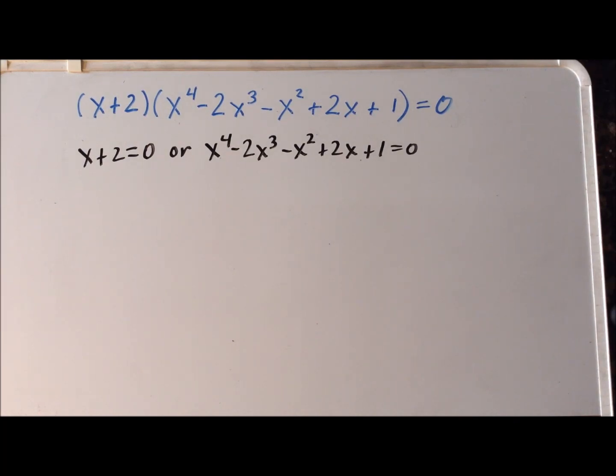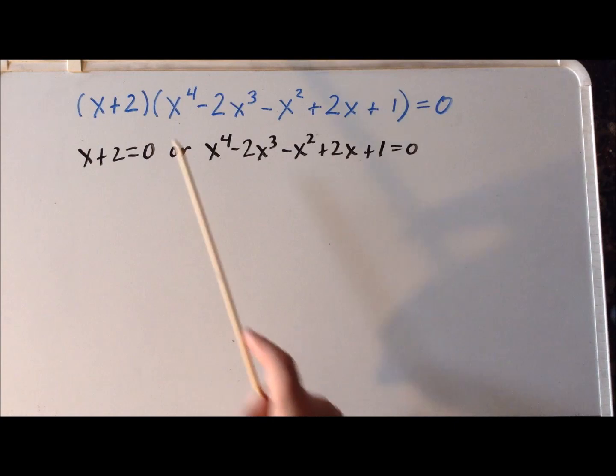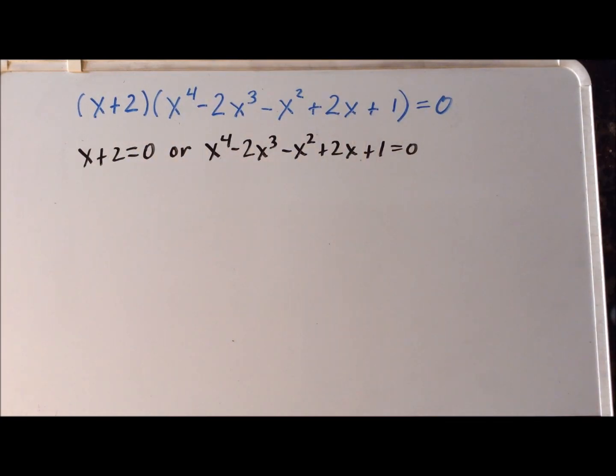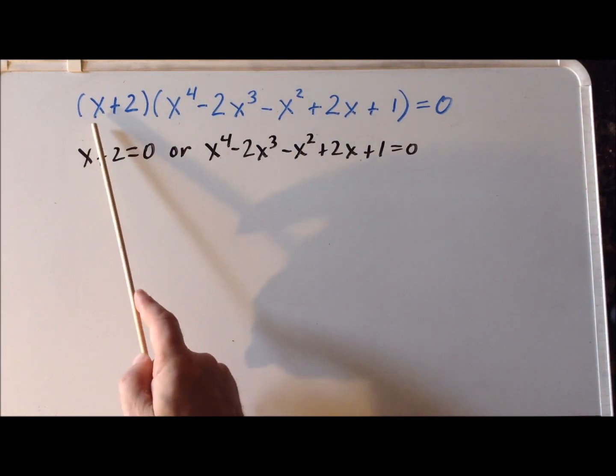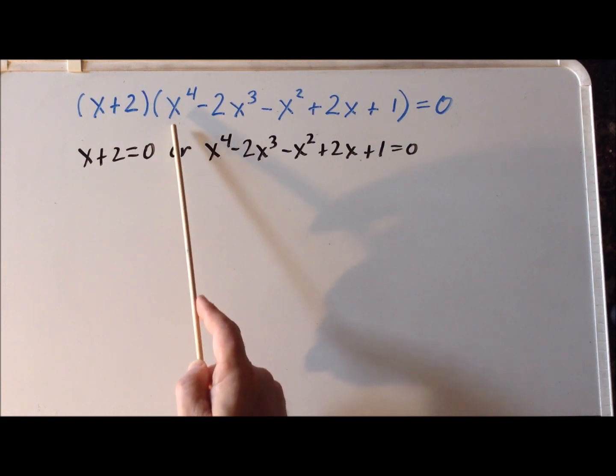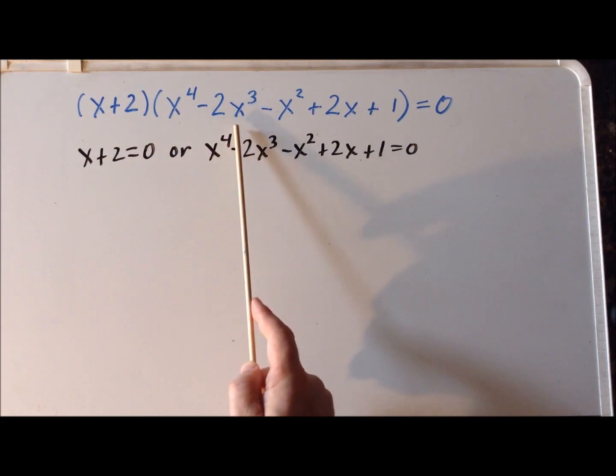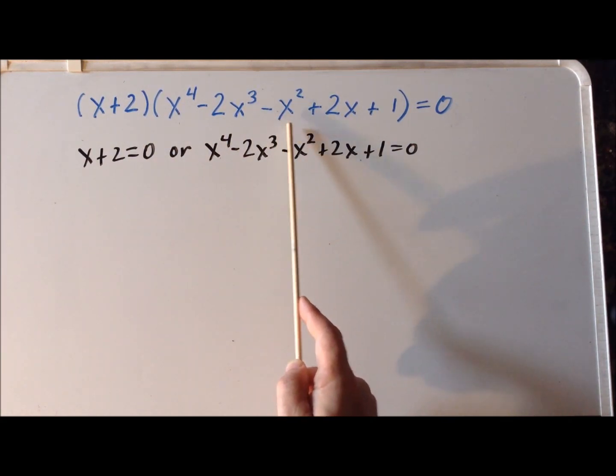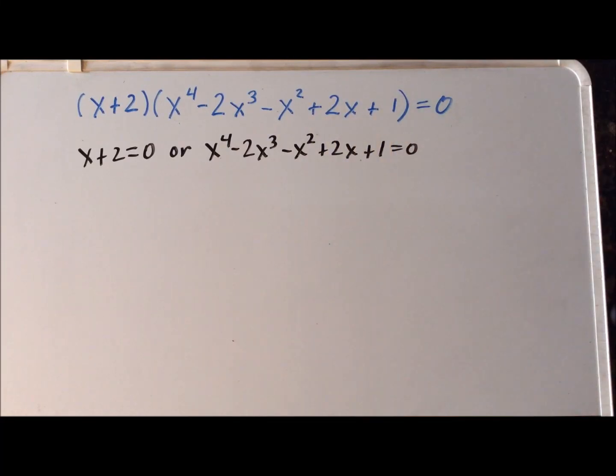From the synthetic division, we can factor our equation now as x plus 2 times x to the fourth minus 2x cubed minus x squared plus 2x plus 1.